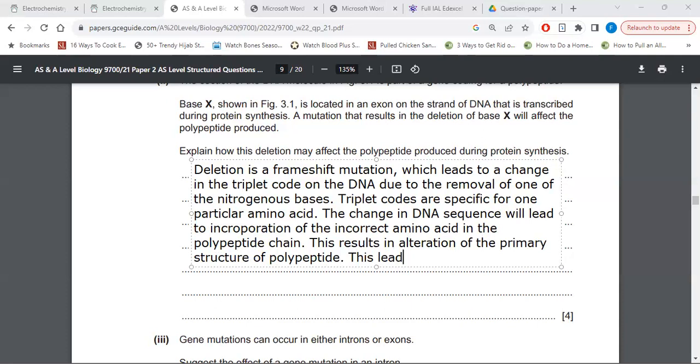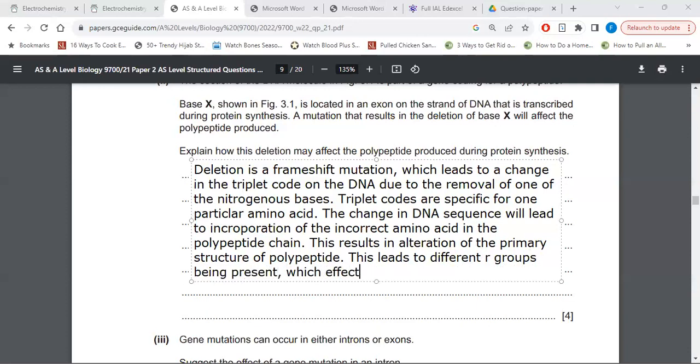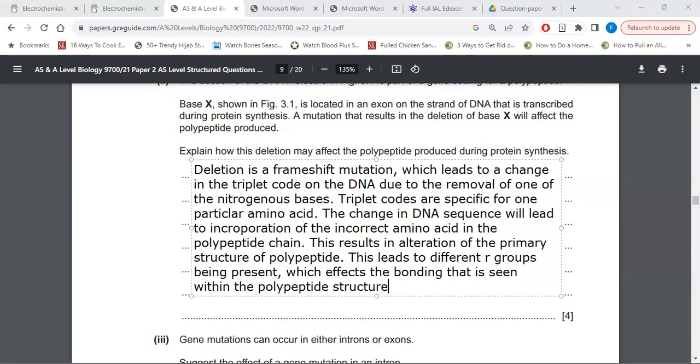This leads to different R groups being present, which affects the bonding that is seen within the polypeptide structure. Because different R groups, different amino acids mean different R groups.